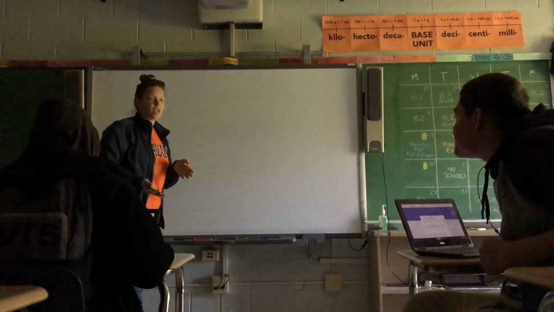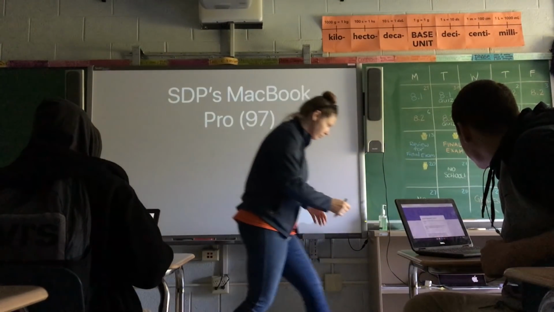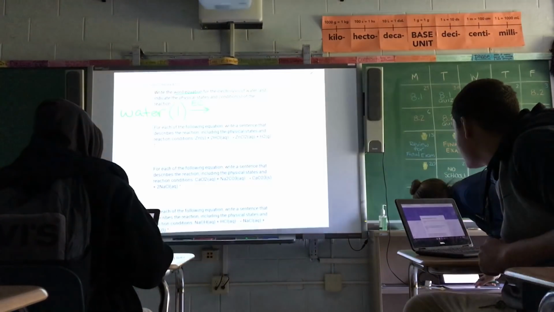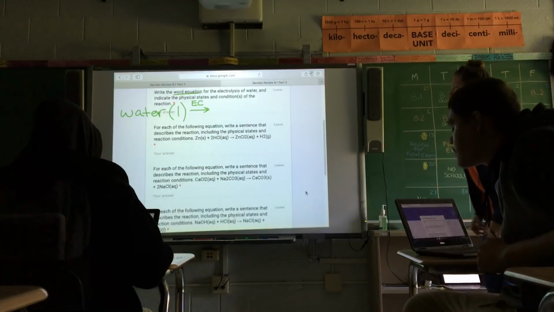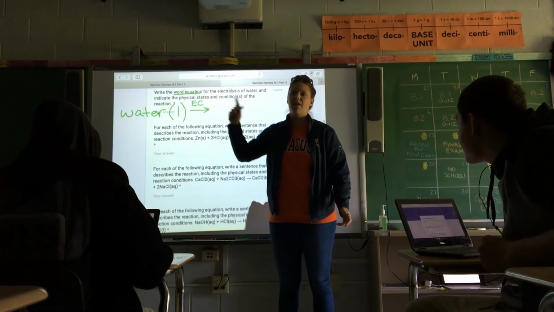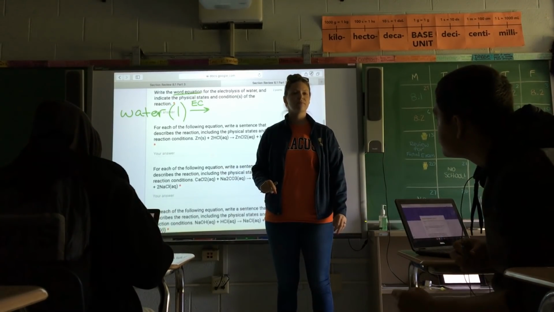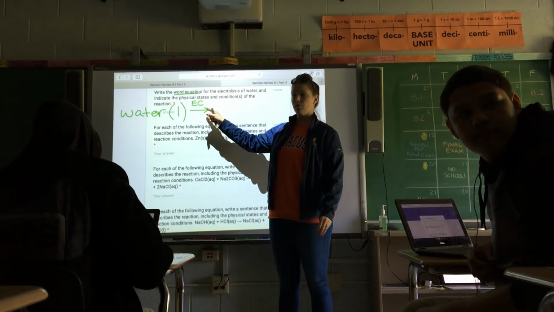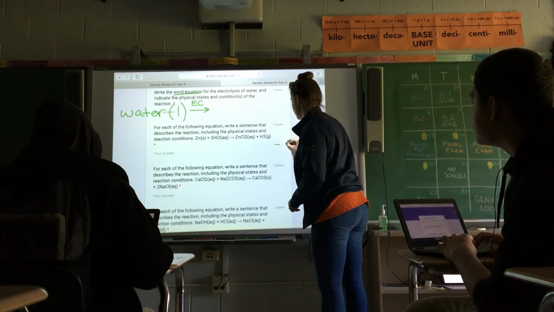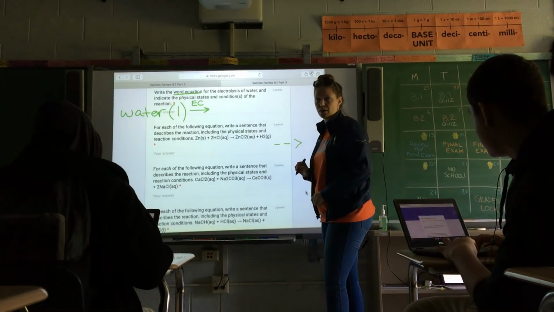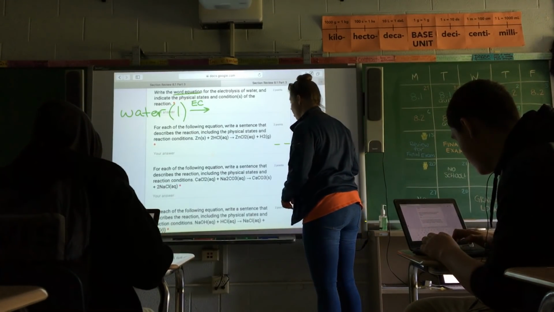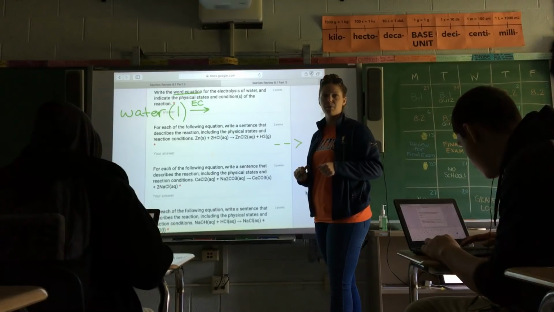On the computer, when we're typing it in, we can't put EC on top of our arrow, so you can just write EC and then the arrow. When you're doing the arrow on the computer, you do dash, dash, and then this arrow. If you need help finding that on the keyboard, I'll help you in a minute.